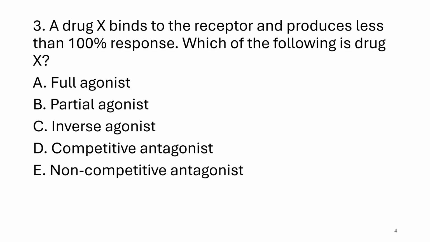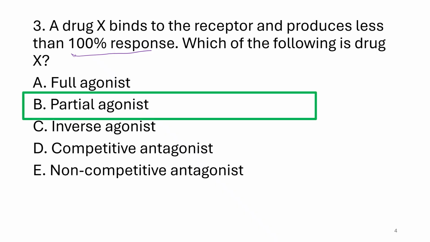Question number 3. A drug binds to receptor and produces less than 100% response. Which of the following is drug X? The correct answer is partial agonist. Partial agonist, the response is less than 100%.